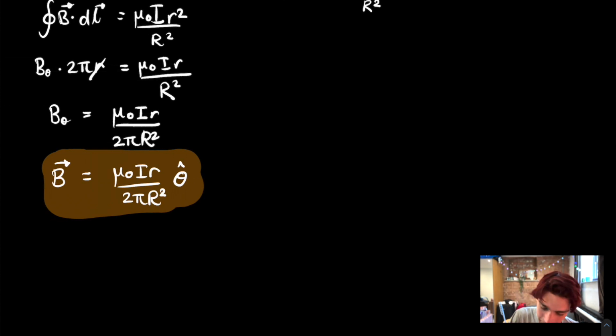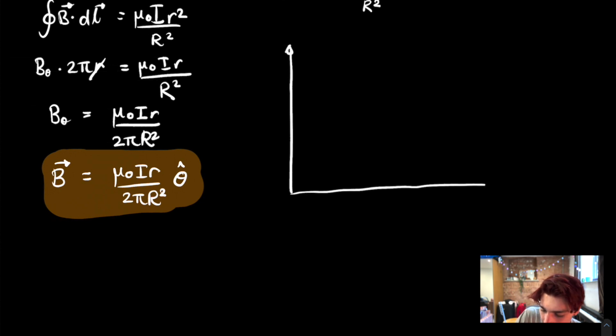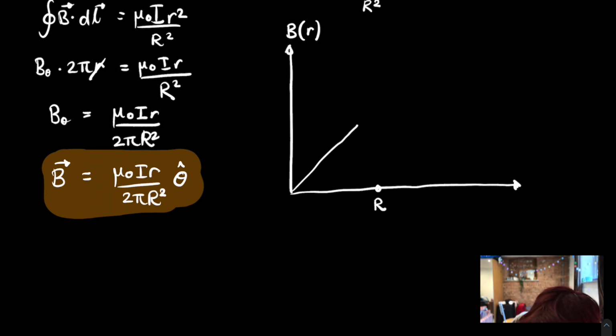And so if we were to graph what the magnetic field looks like for a wire that's thick, so our wire is of radius capital R right here, and then we're plotting B of lowercase r, where lowercase r is just the point where we're trying to evaluate the magnetic field, the radial coordinate, then we actually find that it's linear, because of course B is simply proportional to r. It's linear right here, which is a straight line.